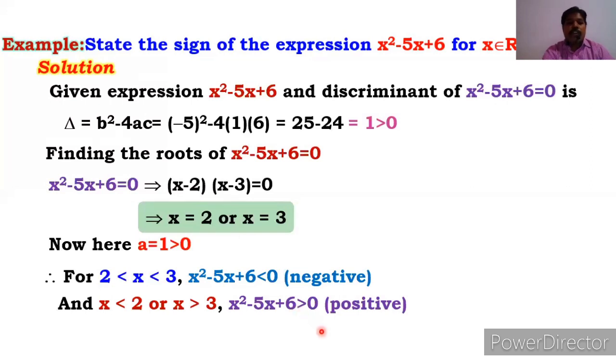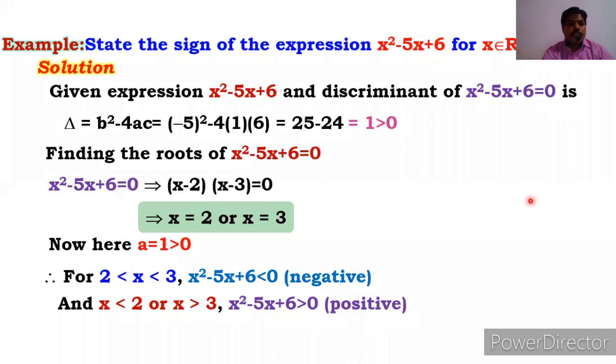So if the roots are real and not equal, then two cases arise: alpha less than x less than beta, and the second case x less than alpha or x greater than beta. In both cases you have to calculate that.